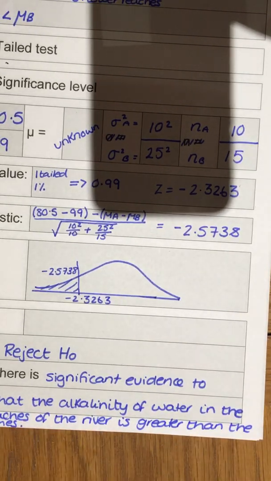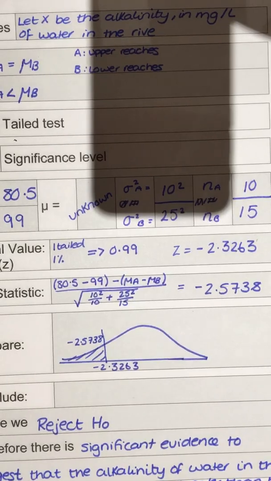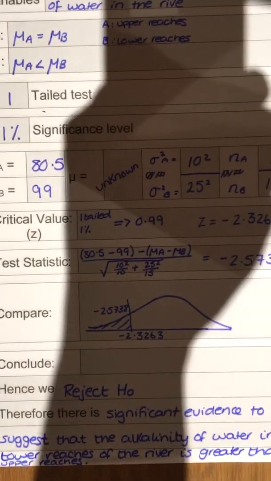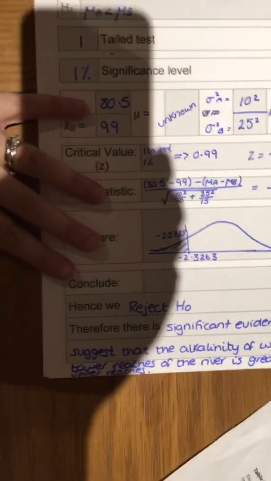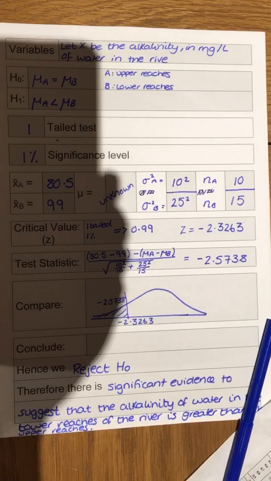In an exam, these would be between 8 and 12, depending on how much they're asking you to do. I'm going to be doing 13 marks. That is what I'm looking for. I'm just going to zoom that out a little bit if I can, so you can see the whole answer.